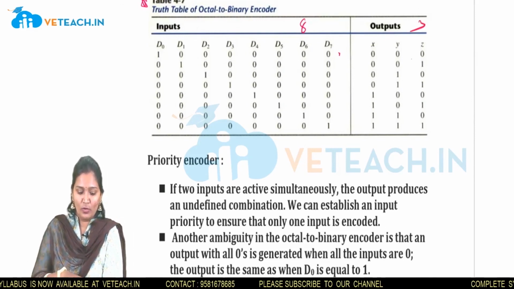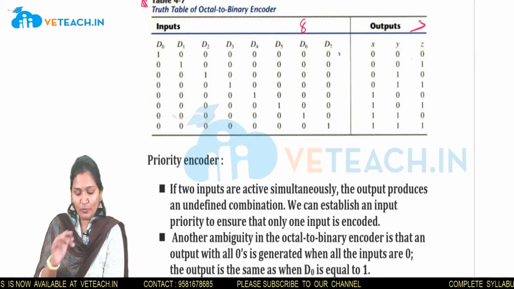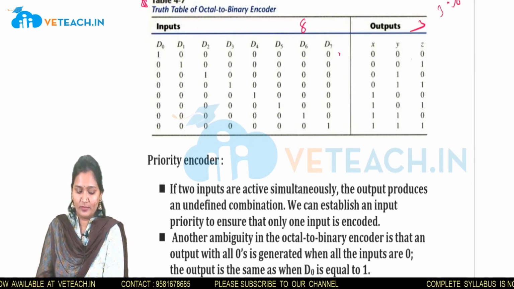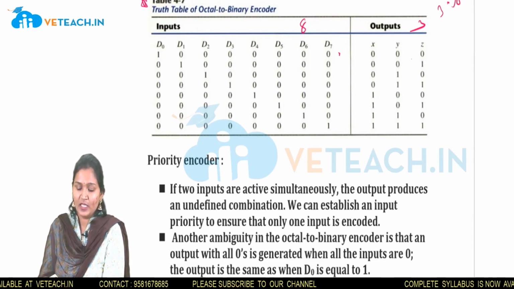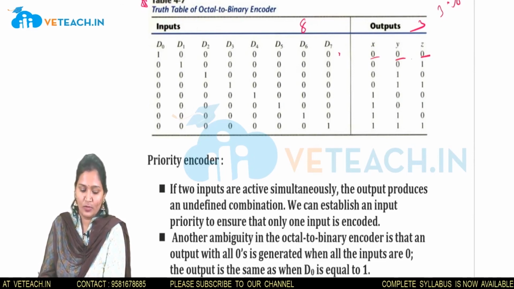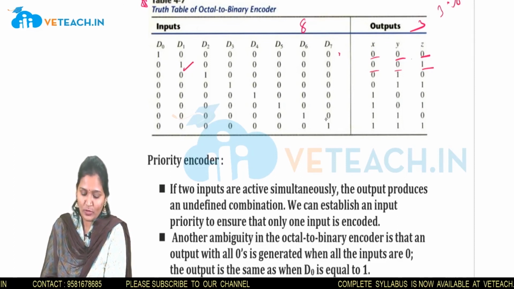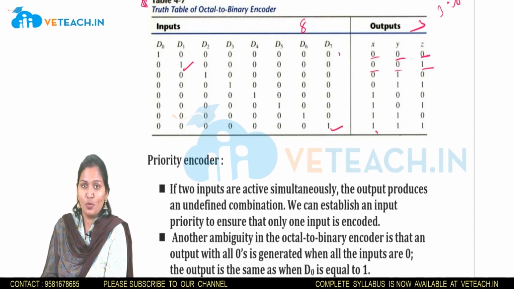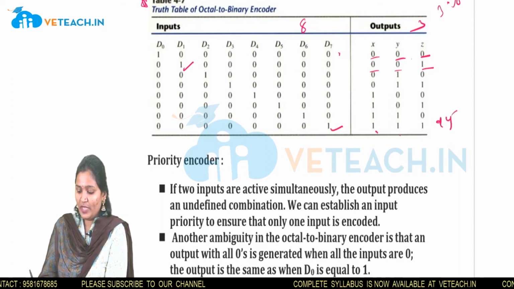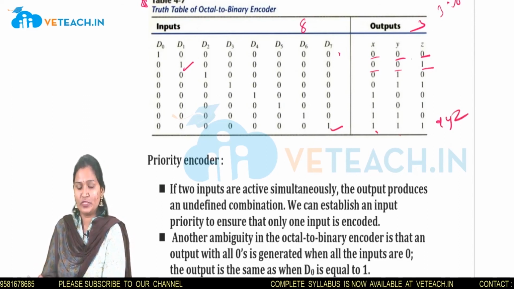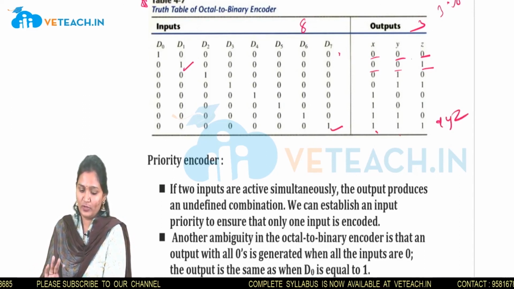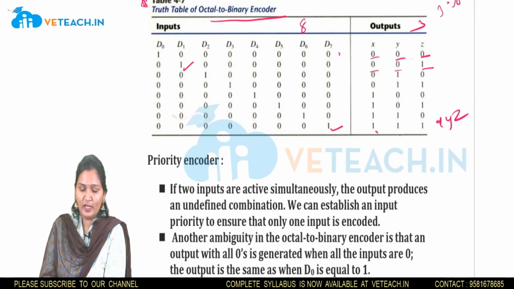Now see here, just the opposite of the 3:8 decoder. When D0 is high, the value is 0, 0, 0. When D1 is high, the values are 0, 0, 1. When D7 is high, the values are 1, 1, 1. So X, Y, Z, just the inverse operation of the decoder. So this is the octal to binary encoder table.